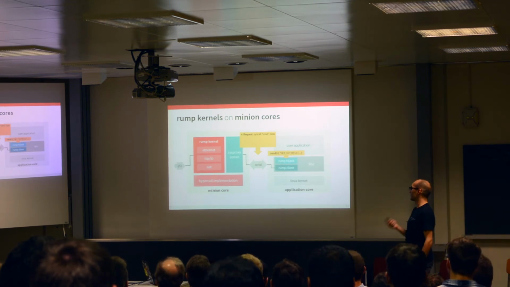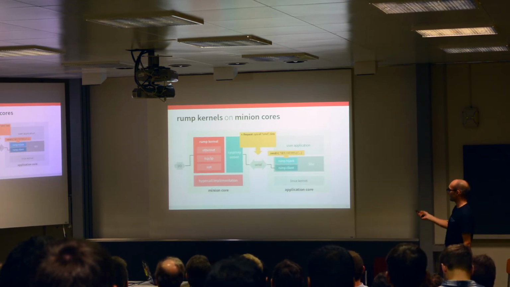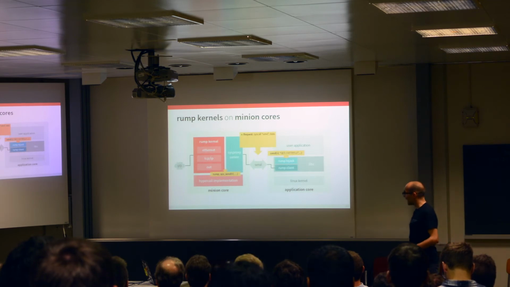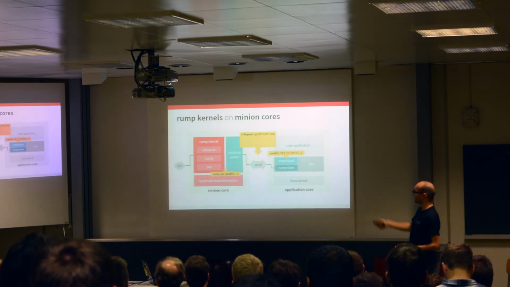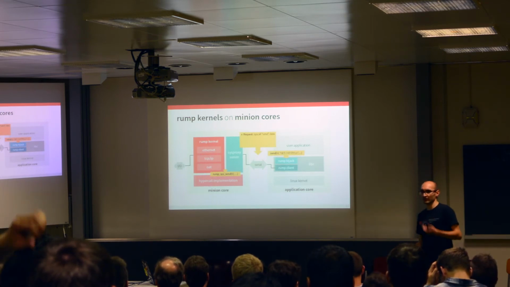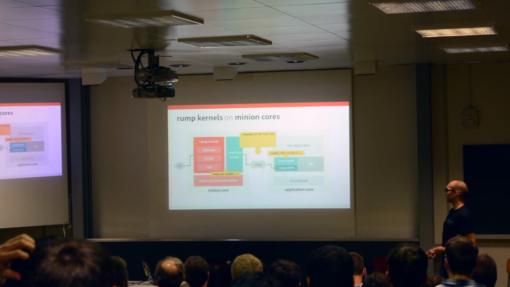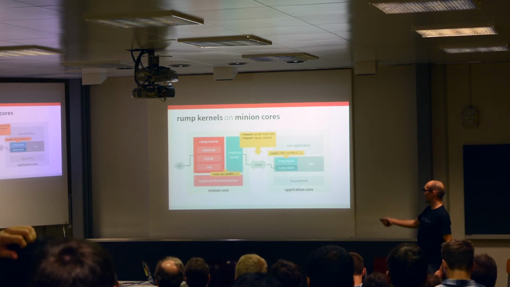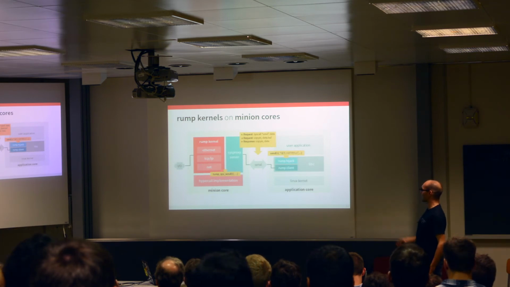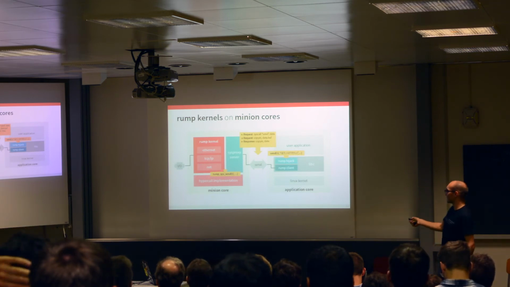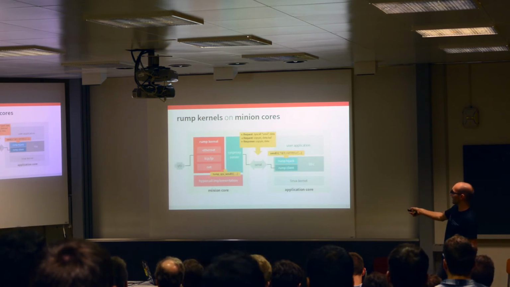So we tell it, here's a send syscall, here's some data. And the sysproxy server then forwards this command to the Rump kernel, saying, here's a system call, I want to send a network packet, please do this. The next thing that the Rump kernel does is ask, okay, give me the data. Of course, the Minion core runs in a separate domain, so we need to copy the data over, which is also handled by this protocol.